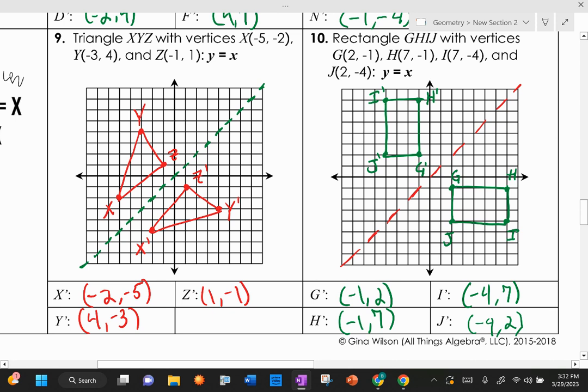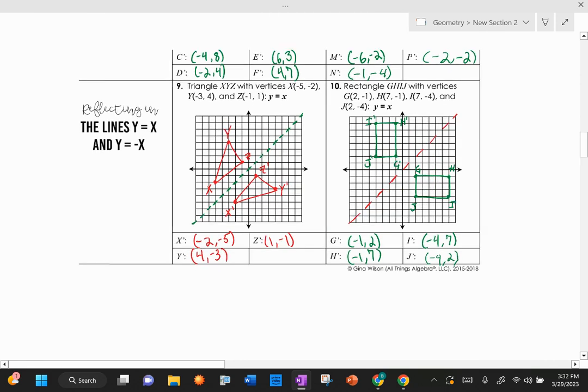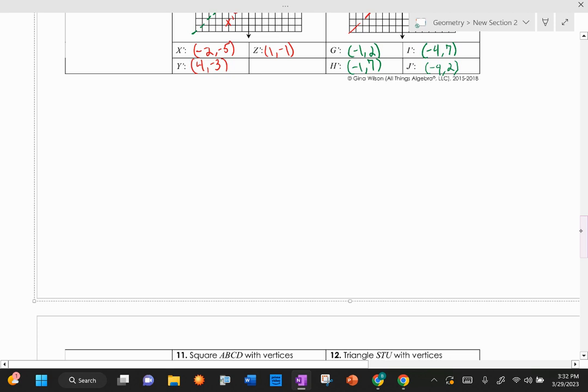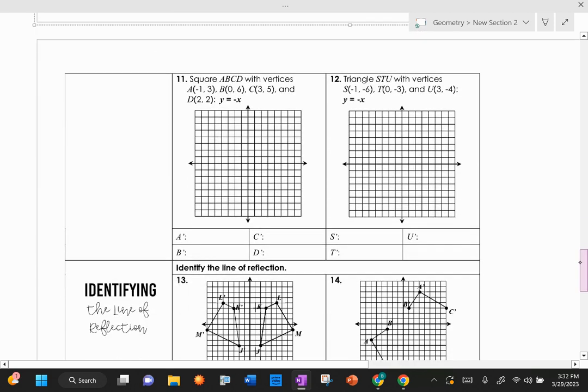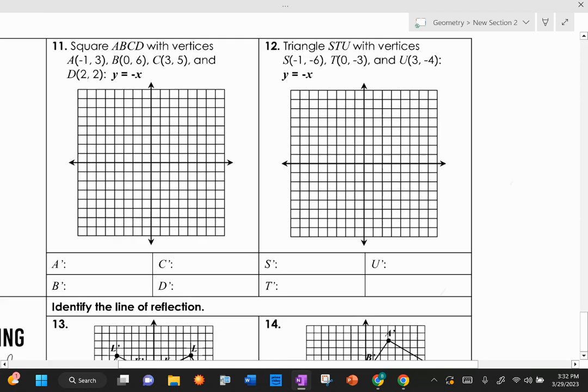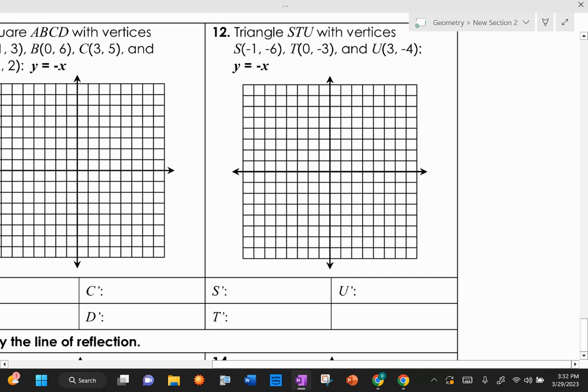All right, there's number 10. I will go back up to number 10, but I want to go ahead and get started on number 11 and 12. Let's just do number 12. Okay, so for number 12, we have a different line of symmetry. What's changed about this one? It is negative.